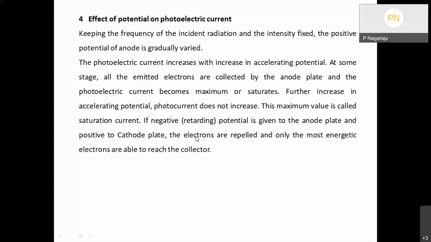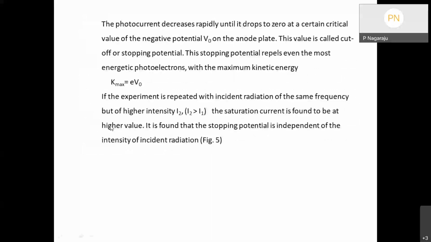So when we give the negative potential to the anode and positive to the cathode, the electrons are repelled, and only the most energetic electrons are able to reach the anode plate. Again, not all the electrons will be able to reach, only a few, but at a certain critical value of the negative potential, which we can call V0, the photoelectric current becomes zero.